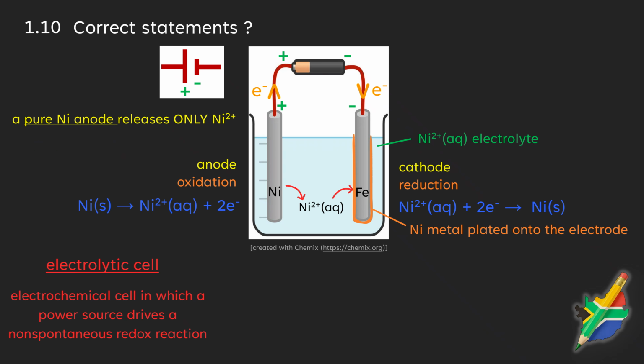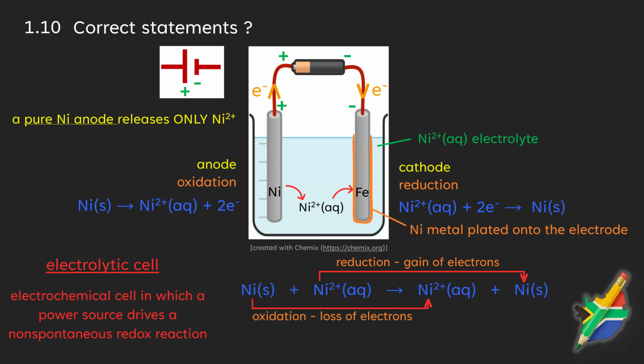So yes, the anode must be pure nickel. If we combine the two half equations, we get this redox equation. And since nickel 2+ ions are reduced and others are oxidized, we could simplify even further and write the equation in yellow as the net equation or the net reaction. Ultimately, nickel atoms from the anode end up being plated onto the cathode.